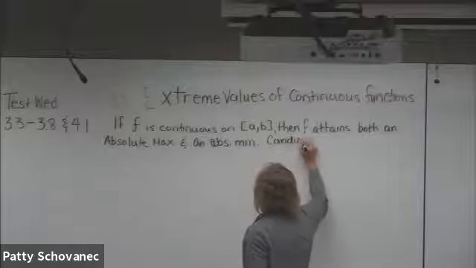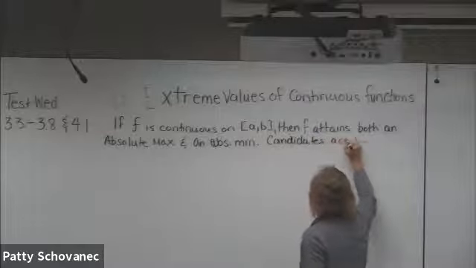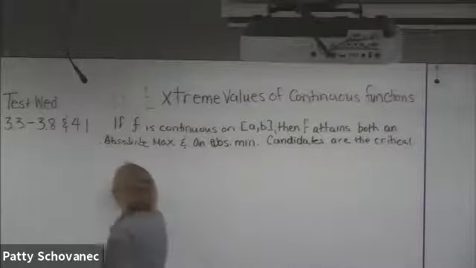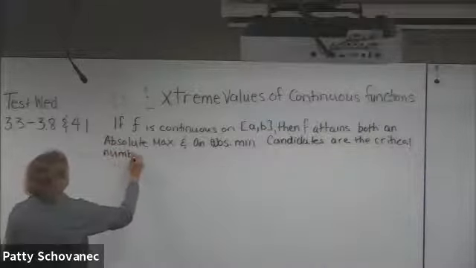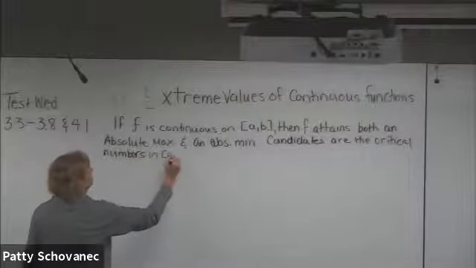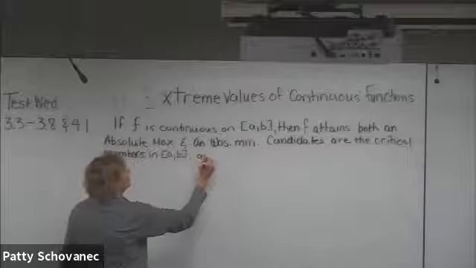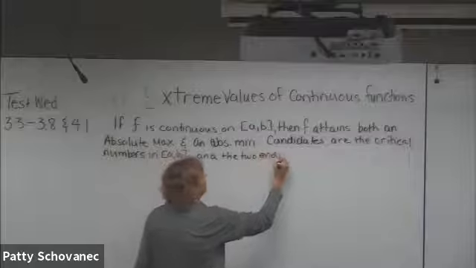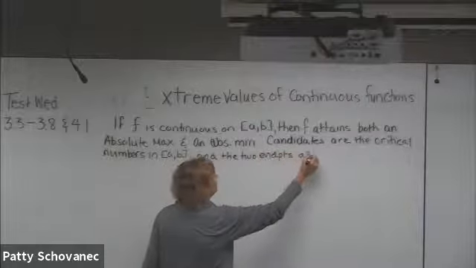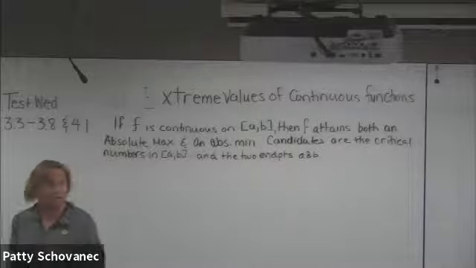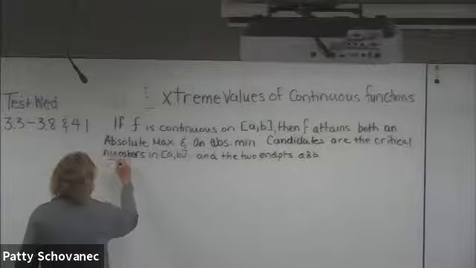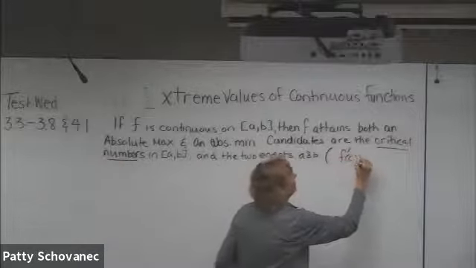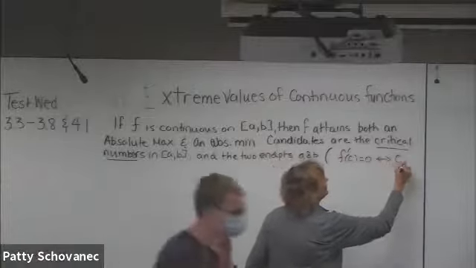Candidates are critical numbers in the interval and the two endpoints, A and B. We just make a list of these critical numbers where, again, f prime of c is 0, and c is a critical number.